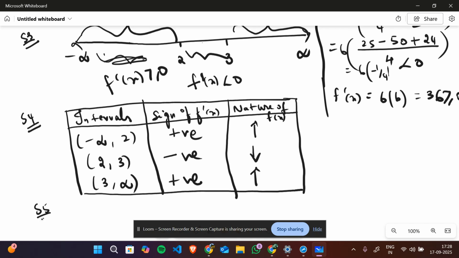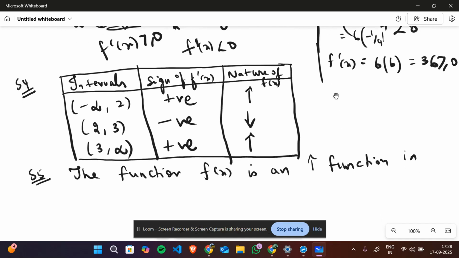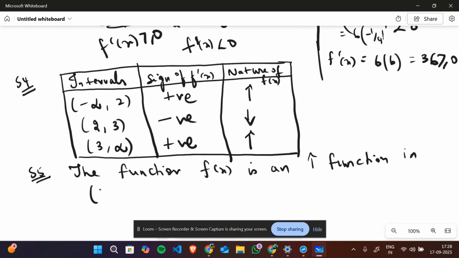That is minus infinity to 2 union 3 to infinity. And f of x is a decreasing function in the interval 2 comma 3.